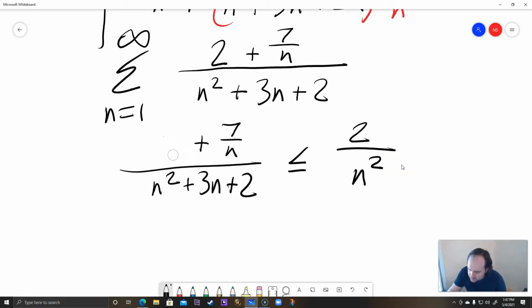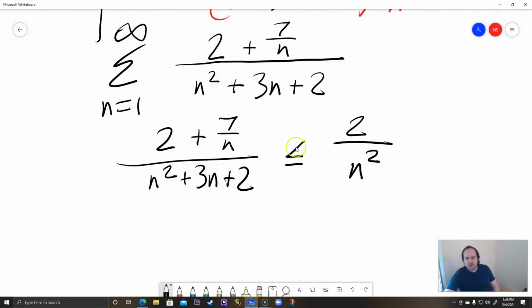The reason I'm trying to say this is that 2 over n squared is just a p-series, and I'm trying to compare this to a p-series. But I actually need to show this.